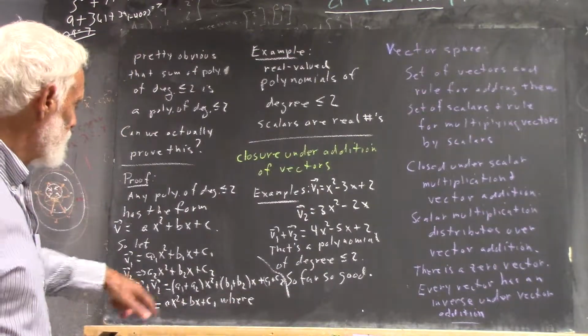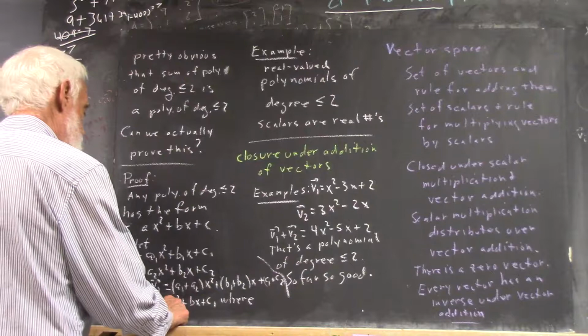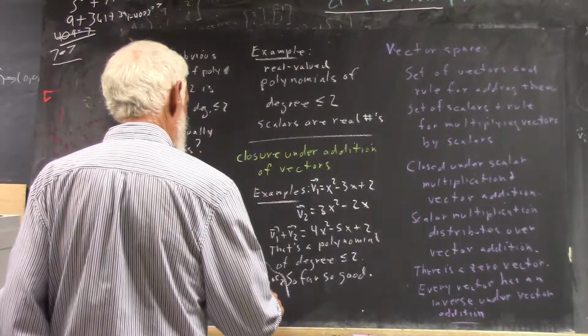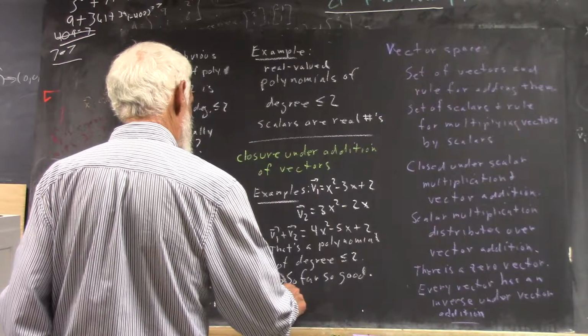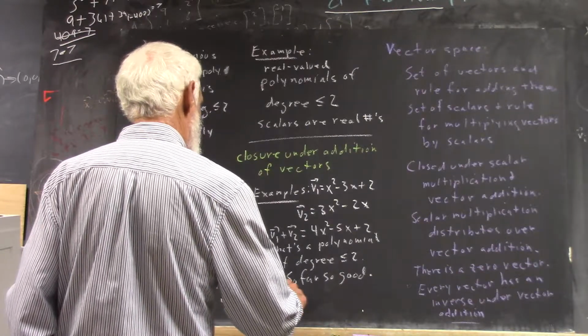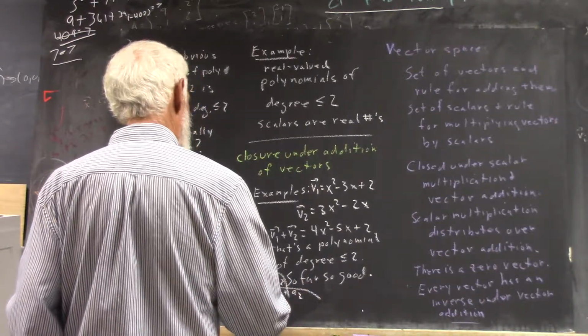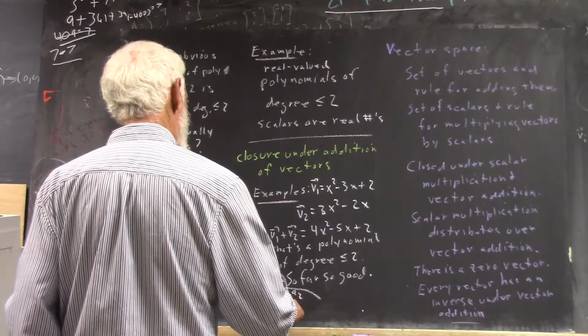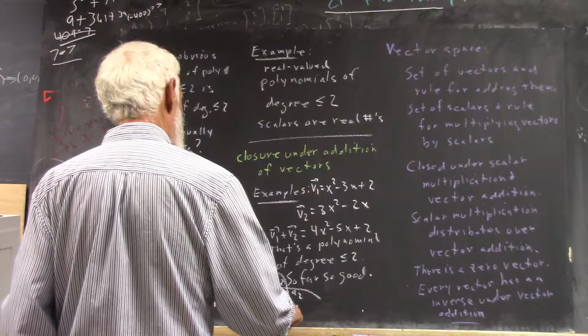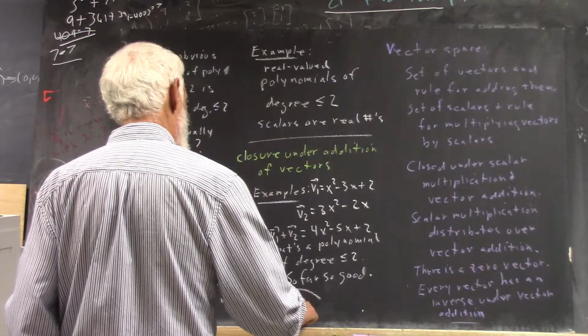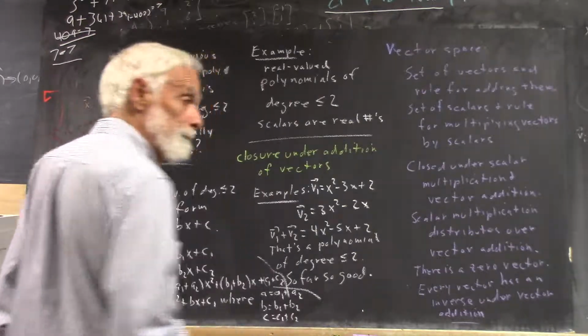So this equals Ax squared plus Bx plus C, where A equals A1 plus A2, B equals B1 plus B2, and C equals C1 plus C2. Okay?